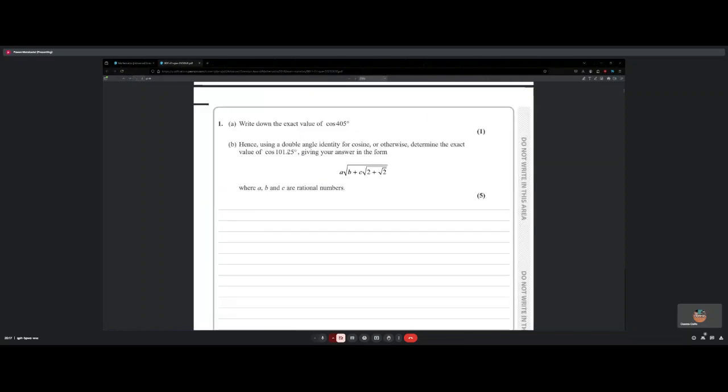So if you look at question 1, for example, write down the exact value of cos 405. And then you look at part B, using the double angle identity for cosine or otherwise. A question like this is amazing, right? If you're looking for really, really difficult questions, and if you're looking for a challenge, this is where you go. So this question's good.